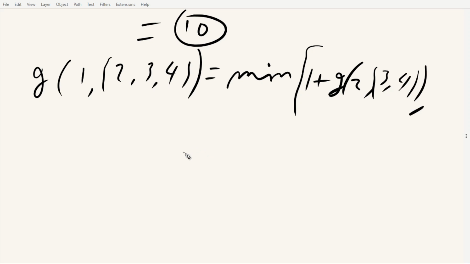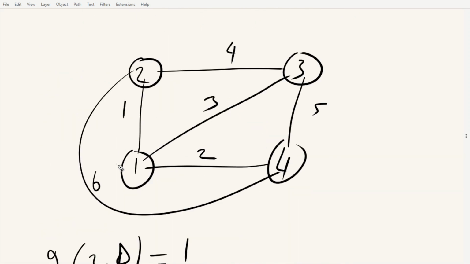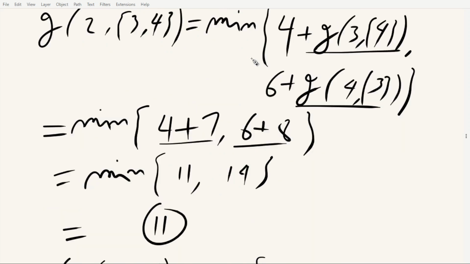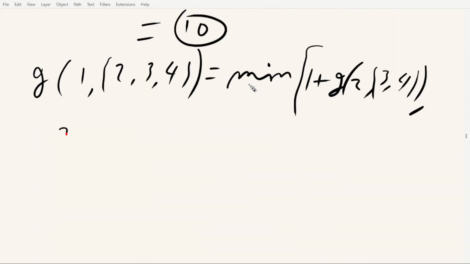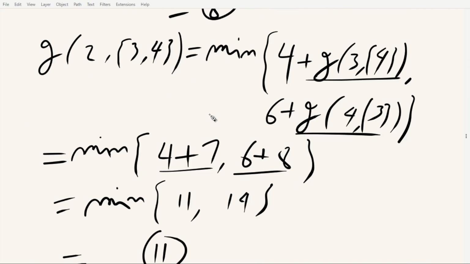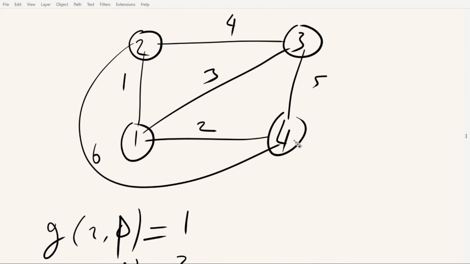Next possibility is 1 to 3. 1 to 3 cost is 3. 3 plus g, we move to 3, remaining elements are 2, 4. And last combination is 1 to 4. 1 to 4, its cost is 2.